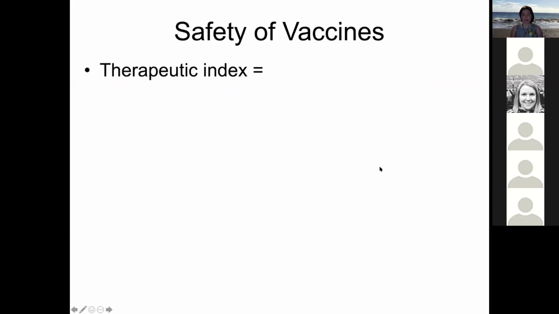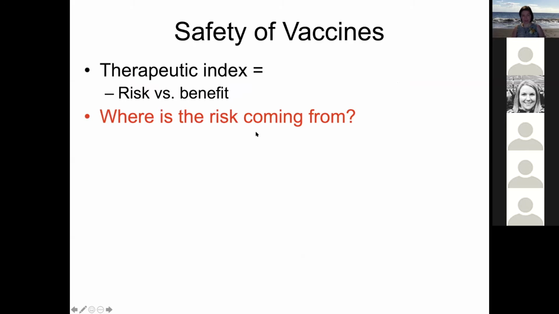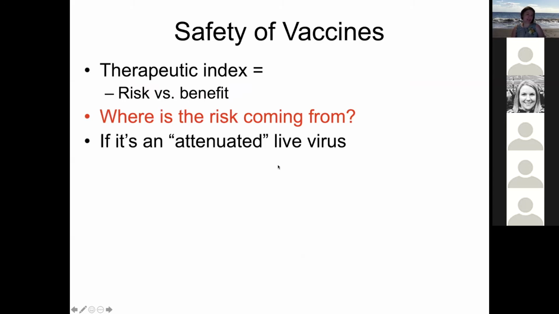Okay, so when we talk about vaccines, one of the things that slows down their production is we've got to take a minute to evaluate their safety. And there's something called the therapeutic index that evaluates the risk versus the benefit of the vaccine. So where's the risk coming from? Let's say it's an attenuated live virus.